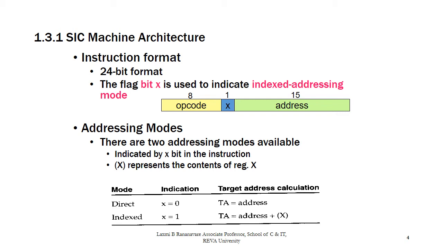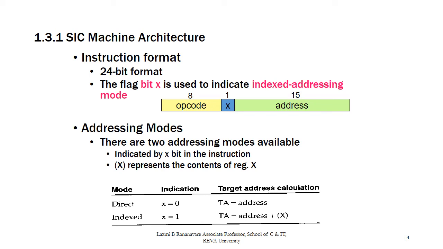In this table you can see the modes direct and indexed. Direct addressing mode indicates that the X bit is equal to 0, and the target address is the address of the operand, calculated as whatever address is specified in the instruction.